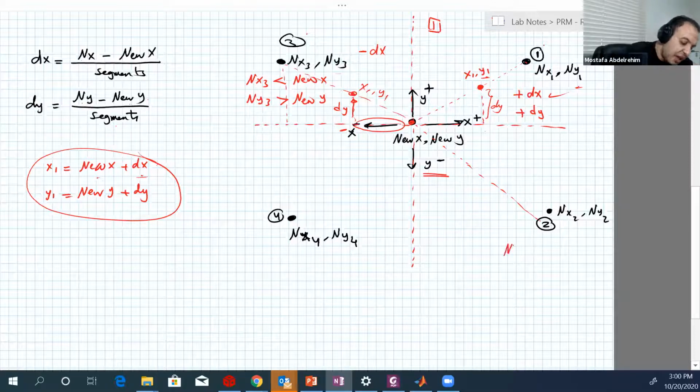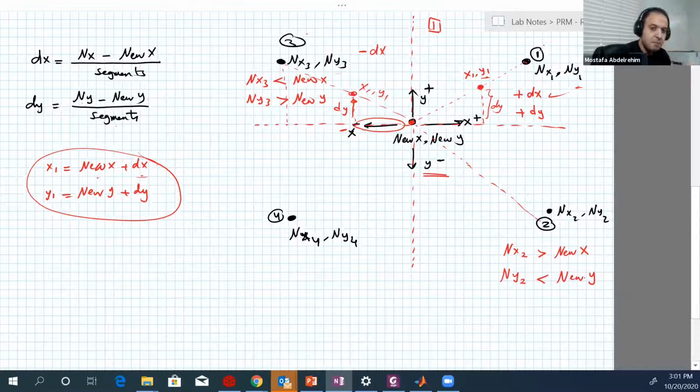So here nx2 is greater than new x, so dx should be positive, and we're going to check this. And ny2 should be less than new y. So when I move from here to here, for example, this is x1 and y1.